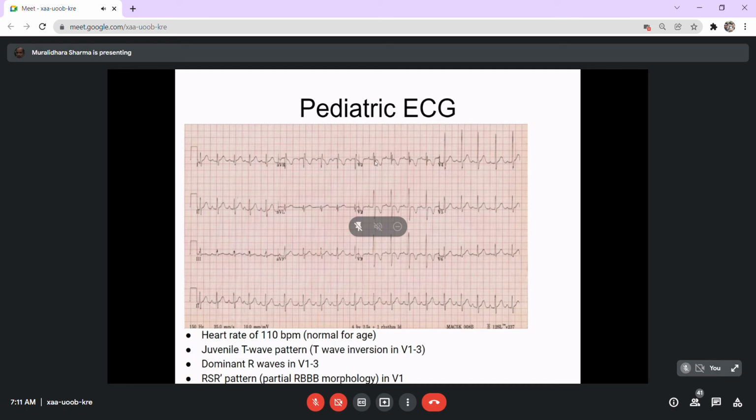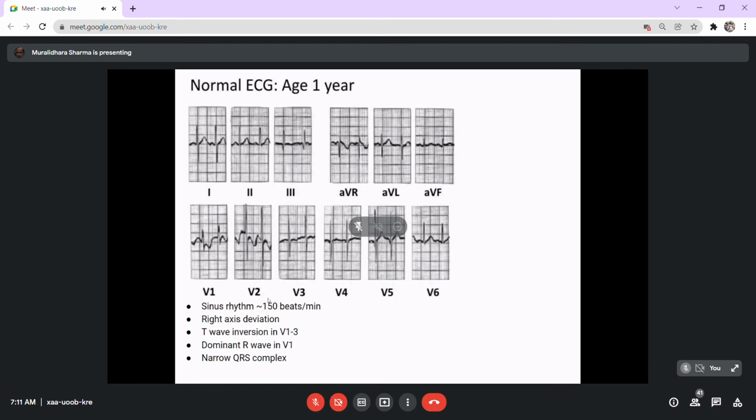The QRS complex may have a bifid wave which may make you suspect a bundle branch block, but this is normal. Particularly in V1, in the right leads, you may see a bifid QRS complex, but it need not be considered abnormal in a pediatric ECG, at an age less than 1 year.